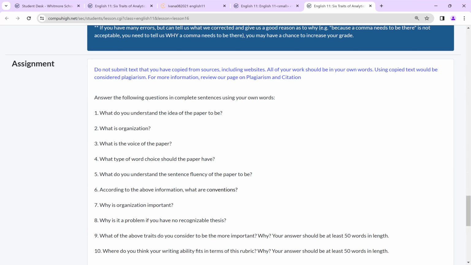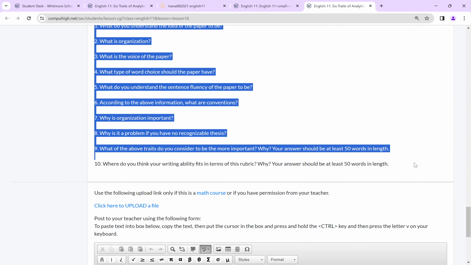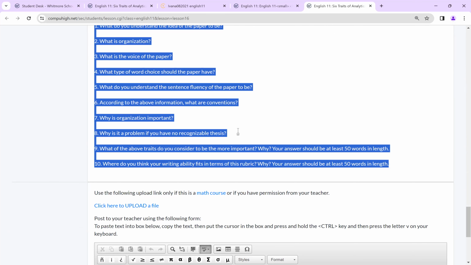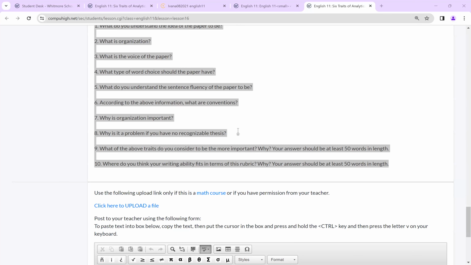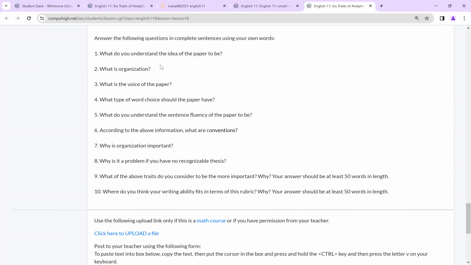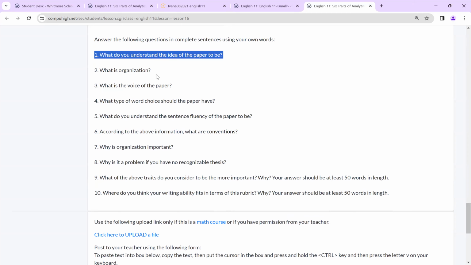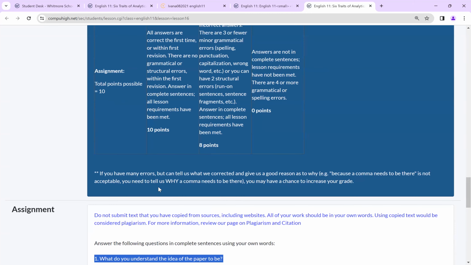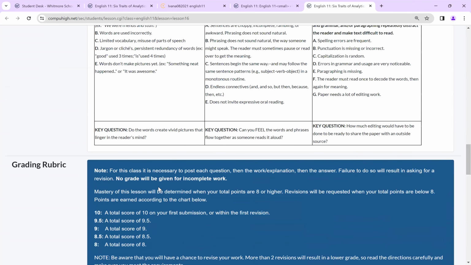So let me get a Word document open. All right. The first question says, what do you understand the idea of the paper to be? I don't know where the paper is.